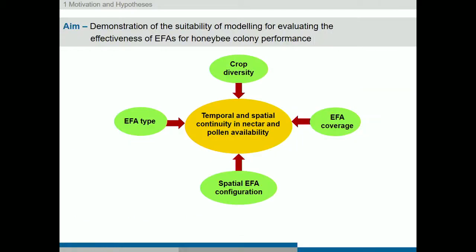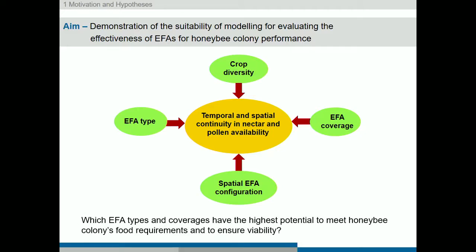So that's why I want to demonstrate today the usability of modeling for evaluating the effectiveness of such ecological focus areas for honeybee colony performance. I simulated how the temporal and spatial continuity in nectar and pollen availability at the landscape scale is affected by the crop diversity and the implementation of different ecological focus area types and coverages, and also their spatial configuration.